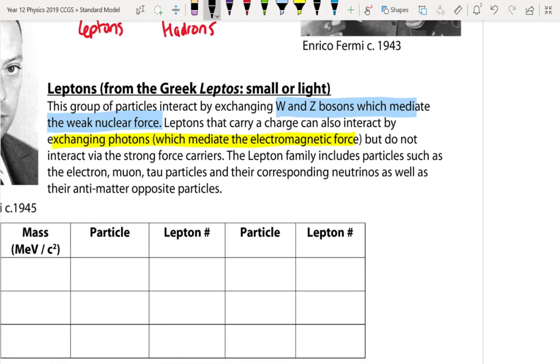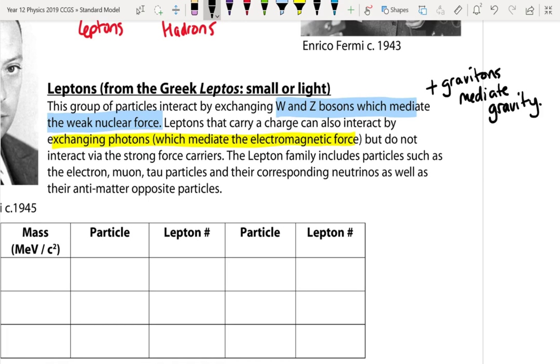And they also interact with gravity. So gravitons to mediate gravity. So just remember that. Electrons have mass, and gravity would pull them towards the surface of the Earth.